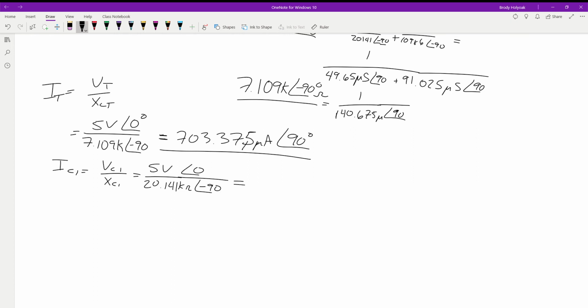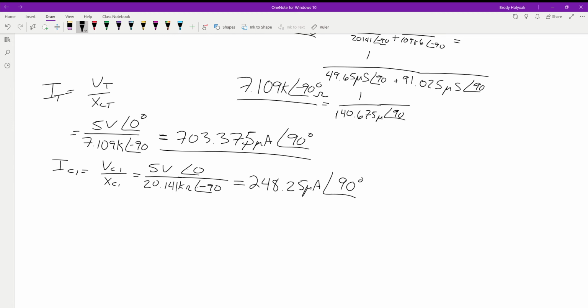So what does that current come out to be? Okay, at what angle? 90. Because remember, 0 minus a negative 90, because we're dividing. If we're multiplying, we would just add them.